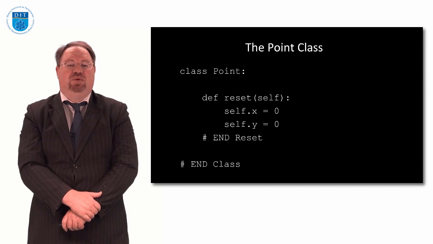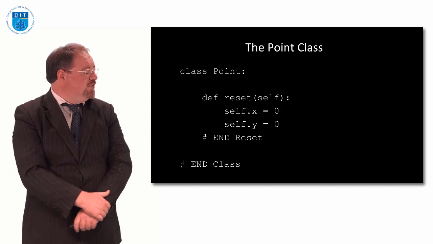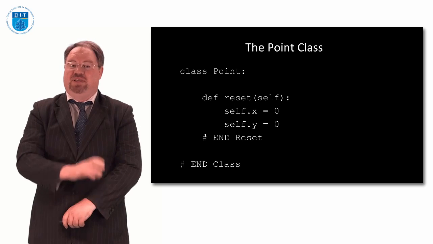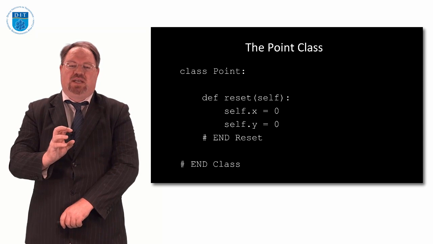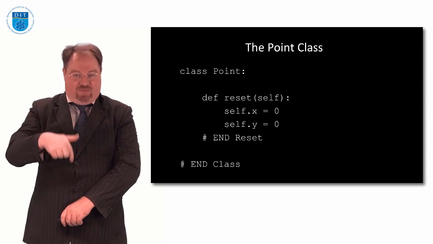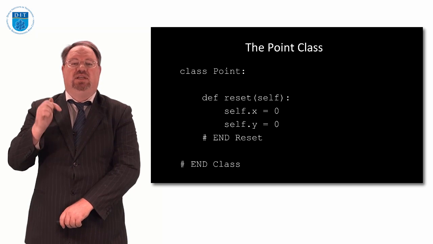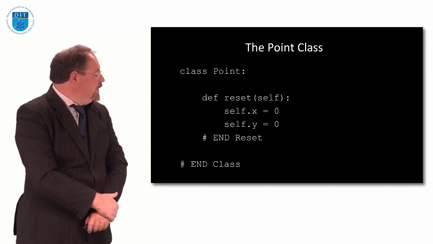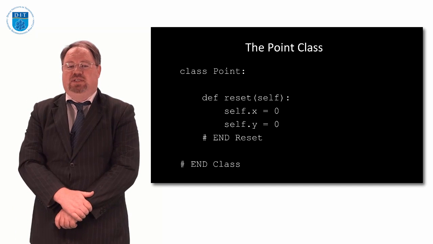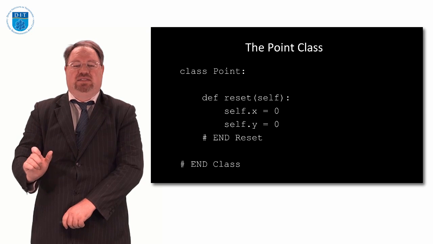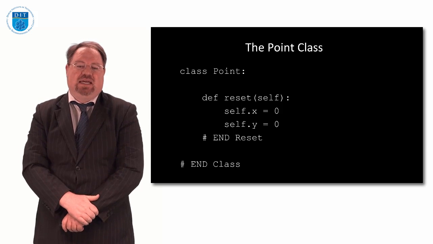We declare a method the same way we've declared methods before using the def command. We define a method called reset. The reset command takes in whatever object we're thinking about at the moment. The self means the current object. All reset does is say whatever value x has in self, set it to 0, and whatever value y has in self, set it to 0. So we'll see that in action.